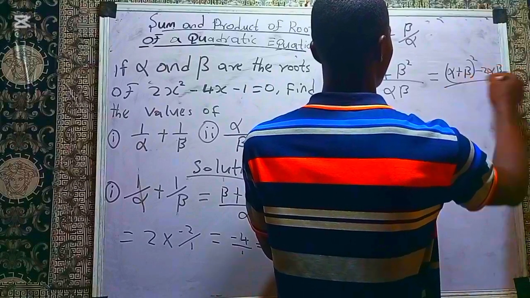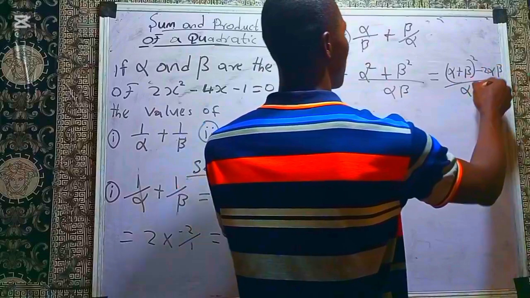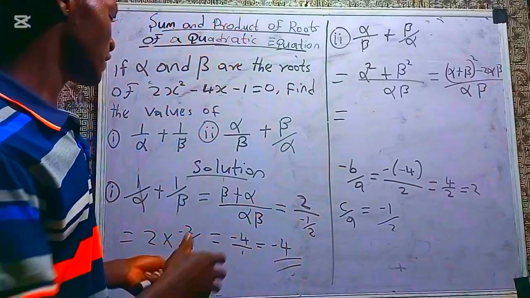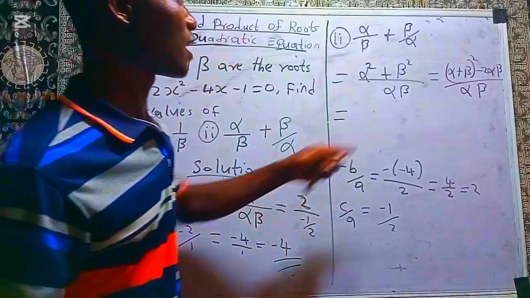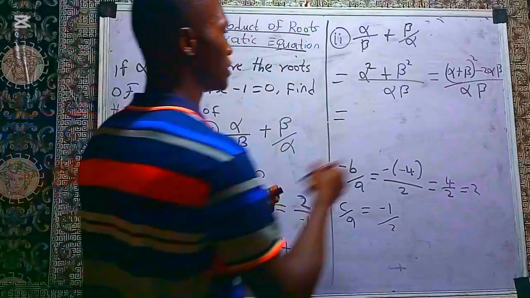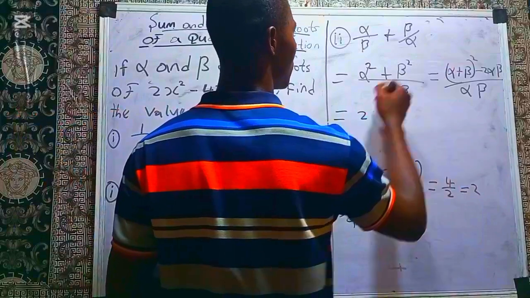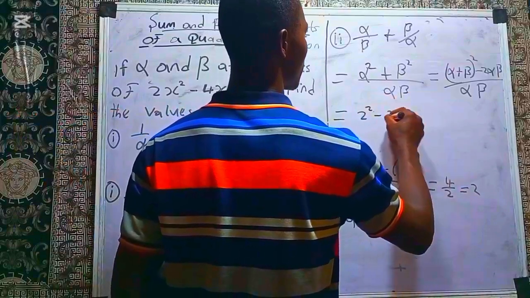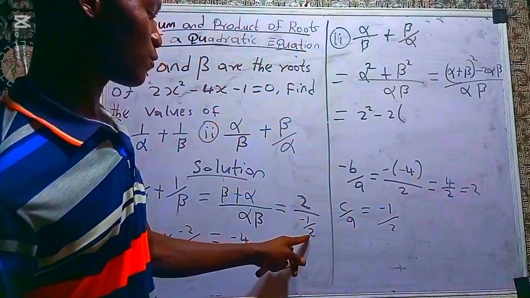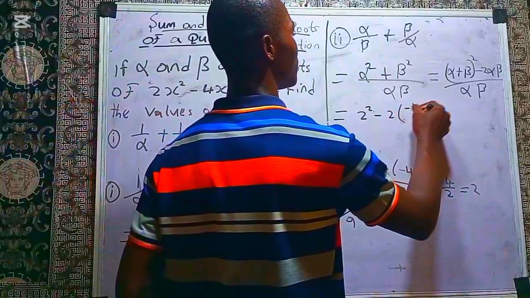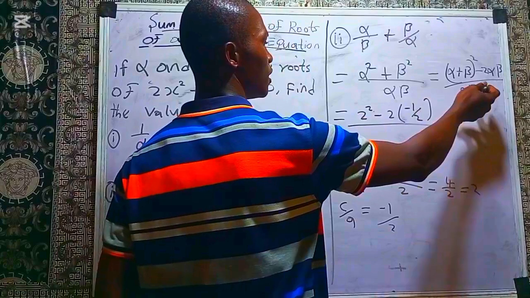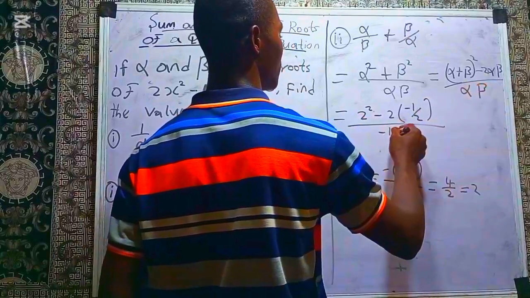Then you have alpha beta as denominator. So in the first one we solved, we found that our sum alpha plus beta is 2. So you now have 2 raised to power 2 minus 2 times alpha beta. We got alpha beta to be negative 1 divided by 2, then all over alpha beta, negative 1 divided by 2.